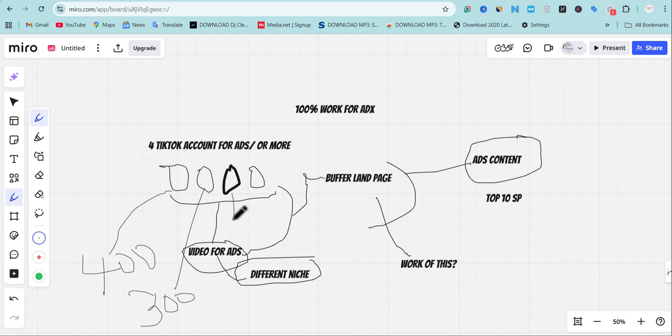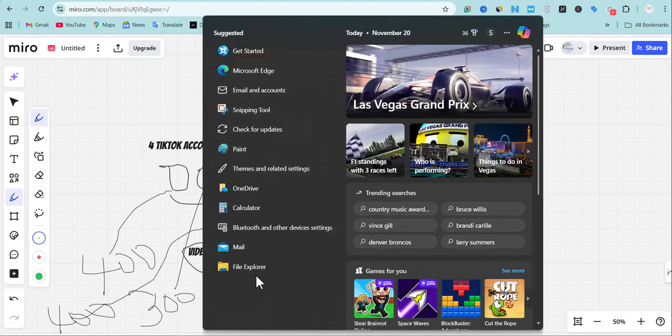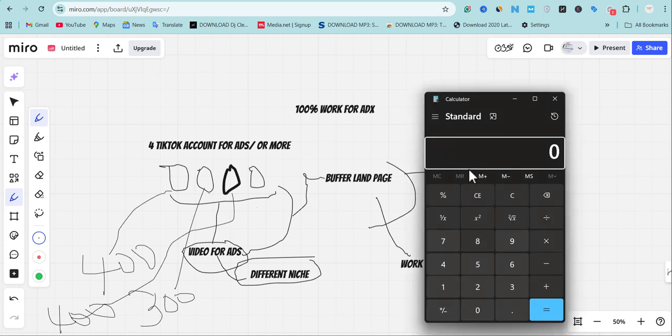Your budget should be based on your pocket. Okay, let's say 4 accounts. Let's go to our calculator. Let me open my calculator. Let's say each ad, for each different niche you are promoting, is giving you 400 clicks per day.